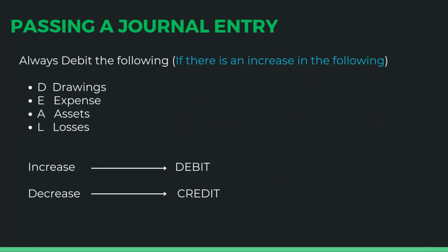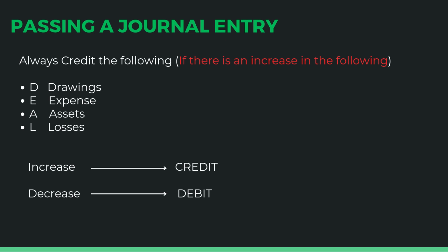While passing any journal entry, if there is an increase in DEAL, then debit the underlying element, and if there is a decrease in DEAL, then credit the underlying element. Similarly, if there is an increase in CLIP, then credit the underlying element, and if there is a decrease in CLIP, then debit the underlying item.